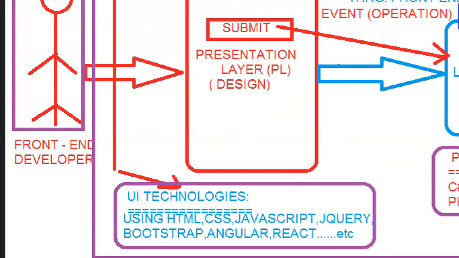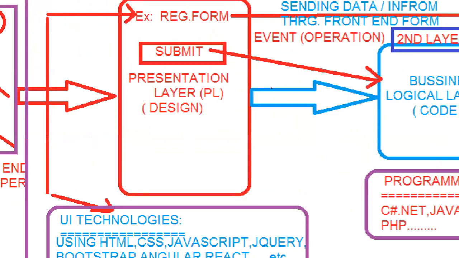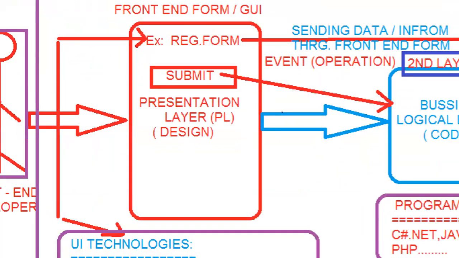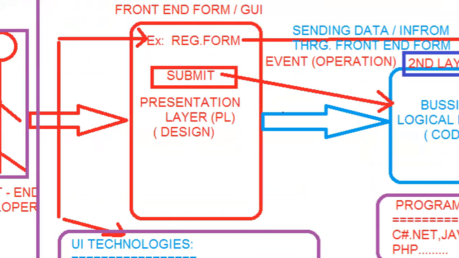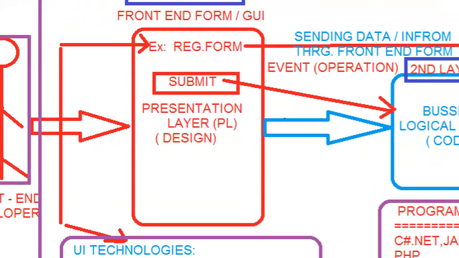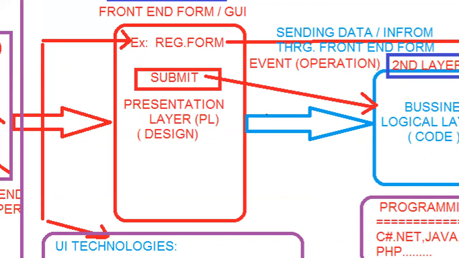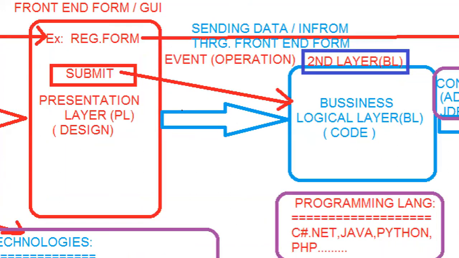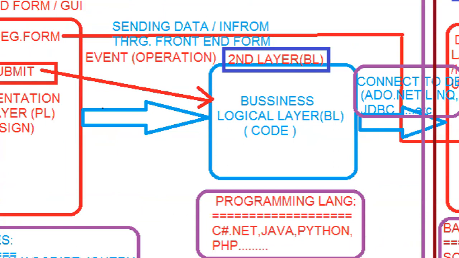after you design your forms, like registration forms, login forms, view forms, password changing forms, whatever forms you want to design, after that you should also write the business logic code. For example, a registration form. We give the contents, and finally we have one button. What's the button? Submit.